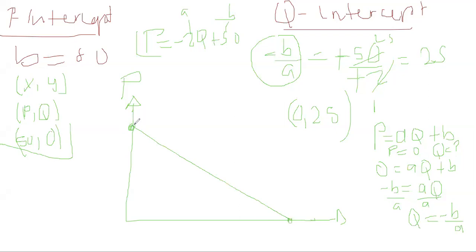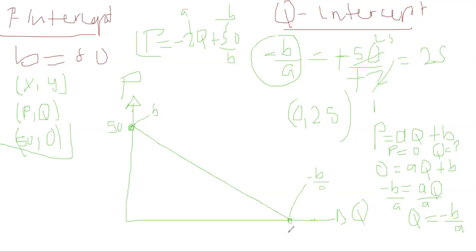If you don't want to do a lot of work, you can just look at the equation and it's B, which is 50. I will come to your question. If you want to find the Q intercept, we noted that this is nothing but B.